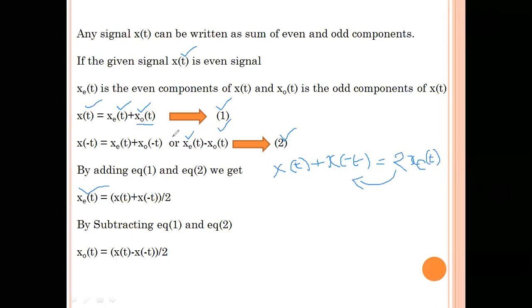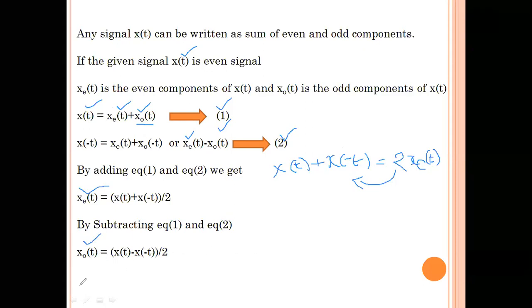What about the odd components? If you take the addition of these two, the x of t function and the x of minus t function, the odd parts get eliminated. Only the even component remains. In this way, we separate the even components from the function. If you consider the subtraction between equation 1 and equation 2, the even parts get eliminated and you get the odd components.